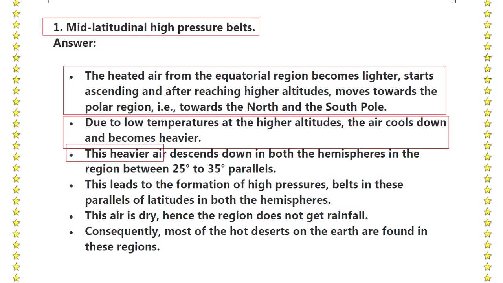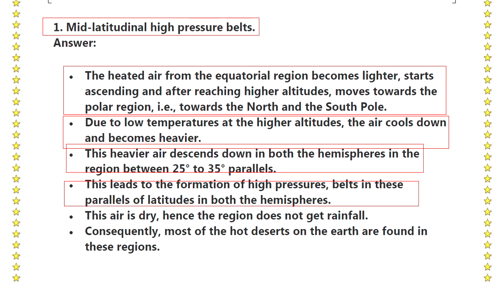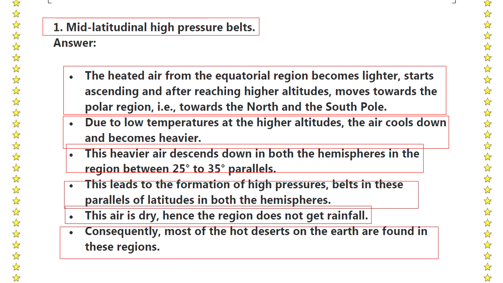Third point, the heavier air descends in both hemispheres in the region between 25 degrees and 35 degrees parallels. Fourth, this leads to the formation of high pressure belts in these parallels of latitudes in both hemispheres. Fifth, this air is dry, hence the region does not get rainfall. Sixth, consequently most of the hot deserts on the earth are found in these regions. Okay.